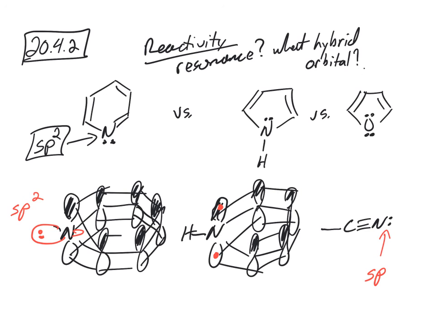Would you guess what's more reactive, the acetonitrile lone pair or the pyridine lone pair? Which one's going to be more basic? Which one's more reactive? Which one's farther from the nucleus? The pyridine, yeah. This is going to be more reactive because this hybrid orbital is farther from the nucleus, so it's more reactive versus an sp hybrid orbital with a lone pair.